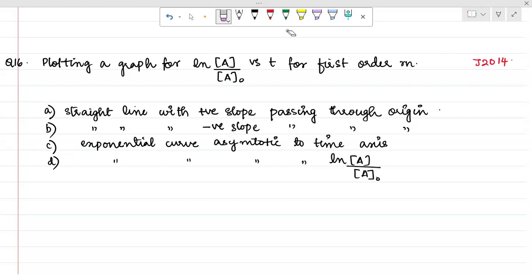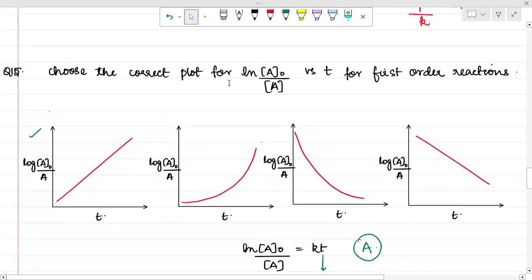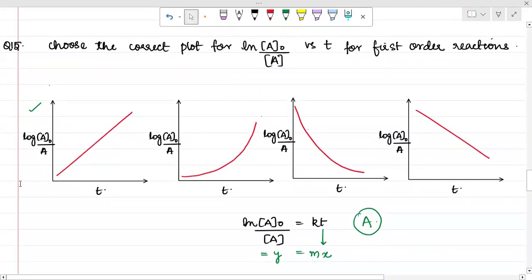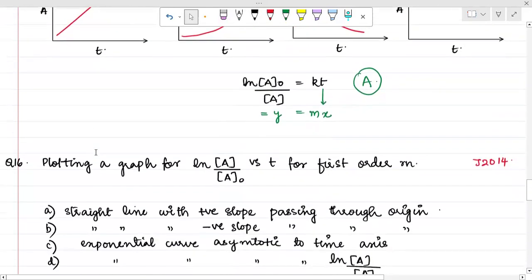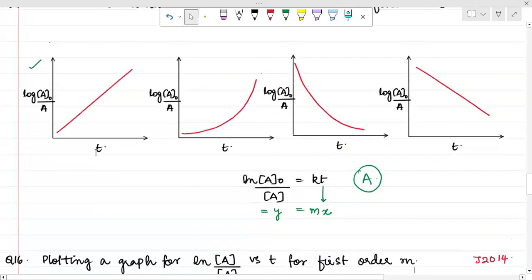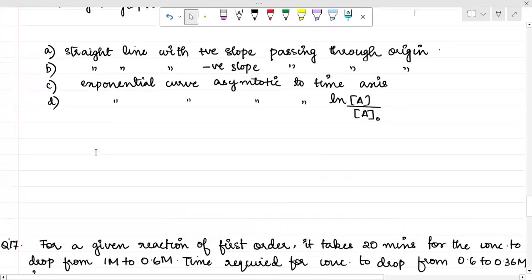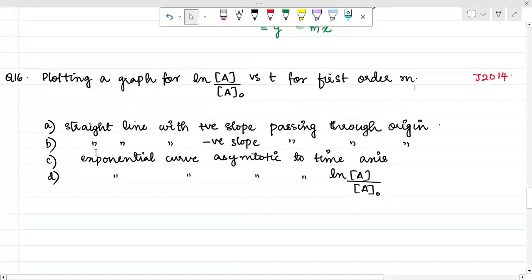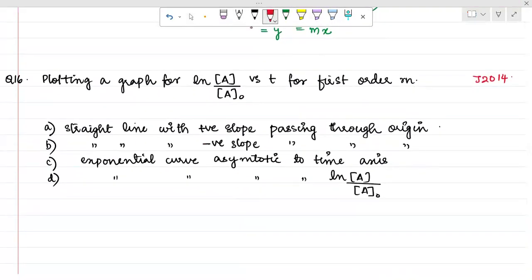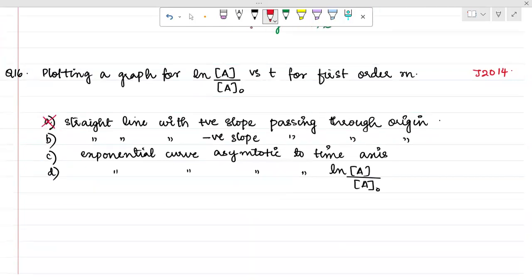We already did a variation of this, and we got a straight line which passes through the origin and has a positive slope. Do not think that question number 15 and 16 are the same. If you have marked option A, that is a straight line with positive slope passing through the origin, that's wrong.